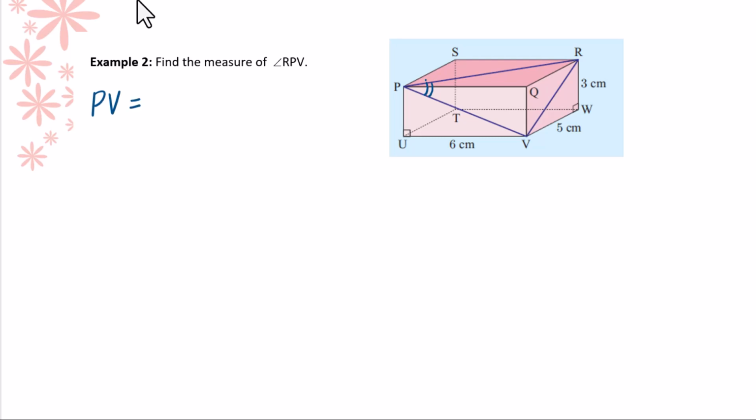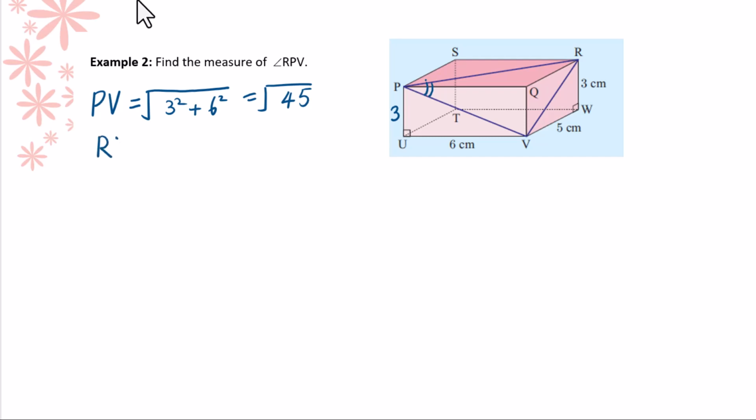PV equals the square root of 3 squared plus 6 squared. We will use this accurate answer. So the square root of 9 plus 36 is 45. You don't have to simplify because we will put this value into the calculator later on.